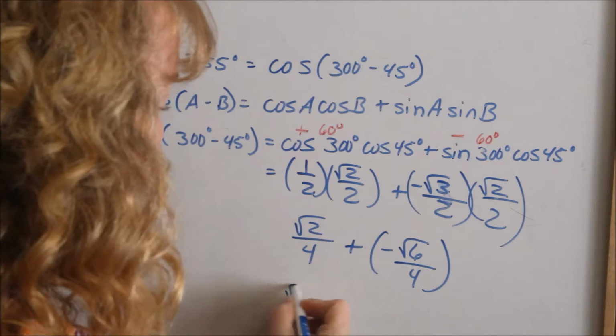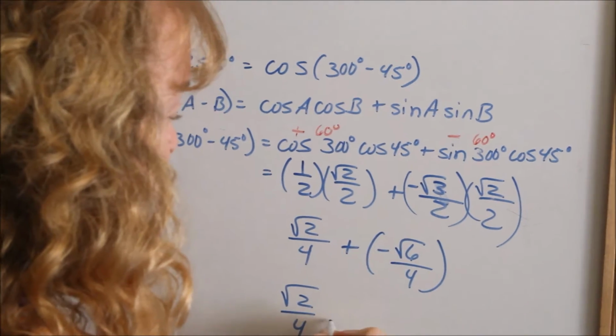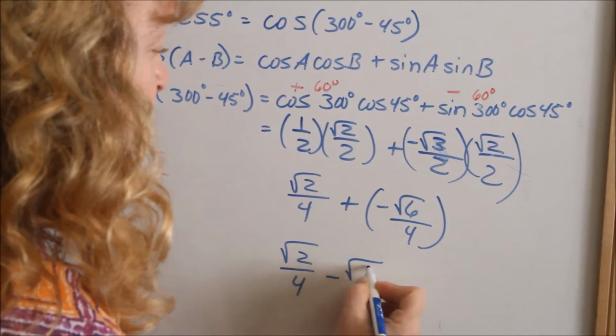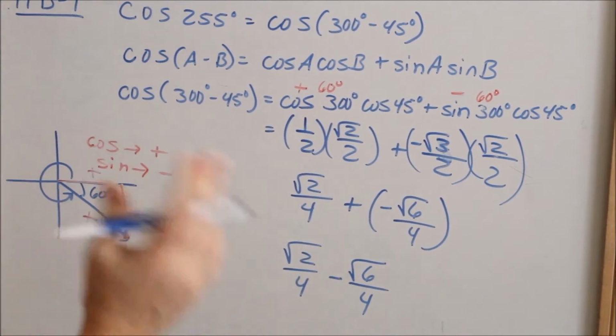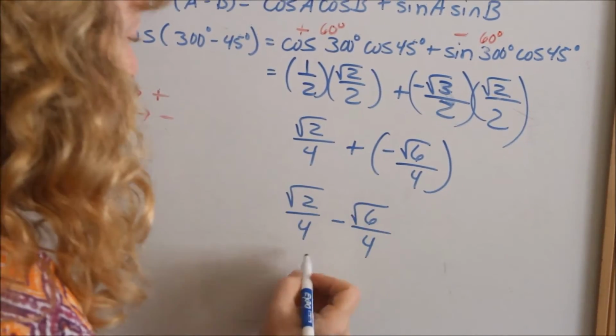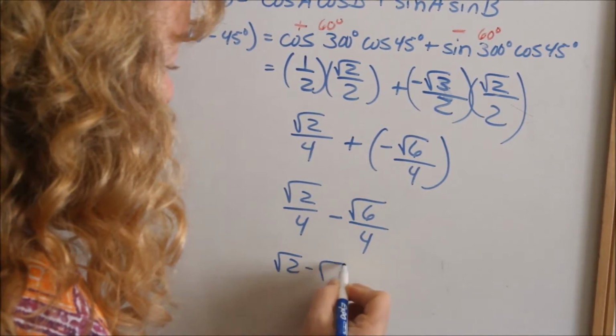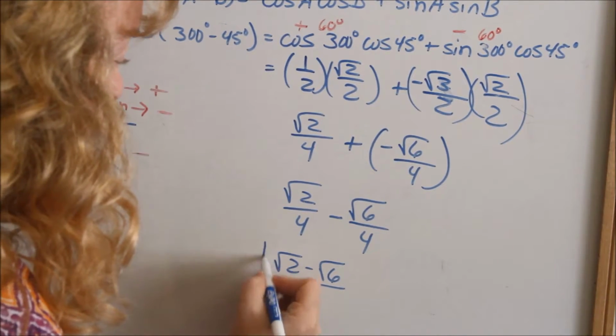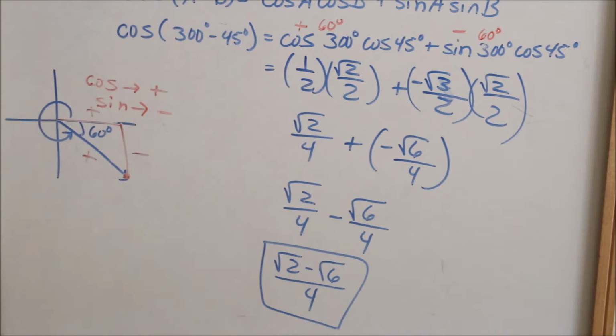So essentially I have square root of 2 over 4 minus, instead of writing plus and negative, I'm just writing minus, square root of 6 over 4. I already have a common denominator. I cannot combine square root of 2 and square root of 6. They're not the same kind, but I can write them together all over one denominator to say square root of 2 minus square root of 6 all over 4.